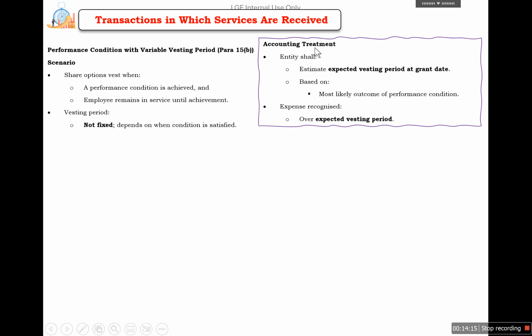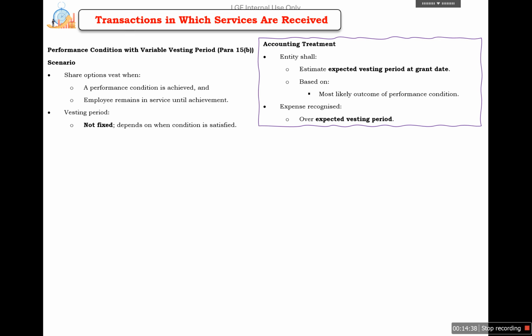So the entity shall estimate the expected vesting period at the grant date, how much time it will take to achieve the target. Based on that assessment, we need to book the expense over the expected variable vesting period.